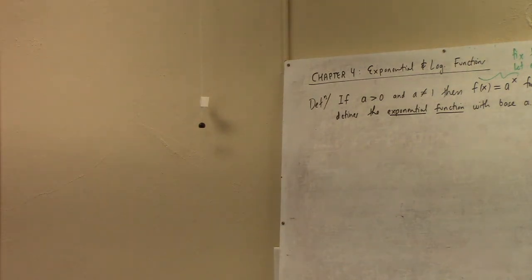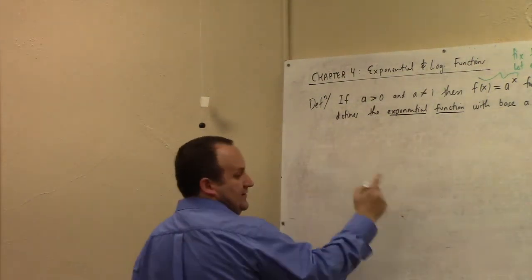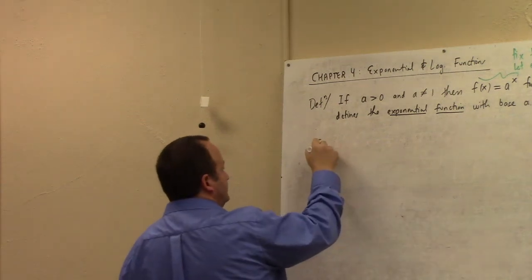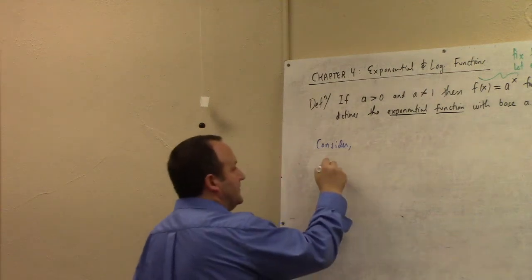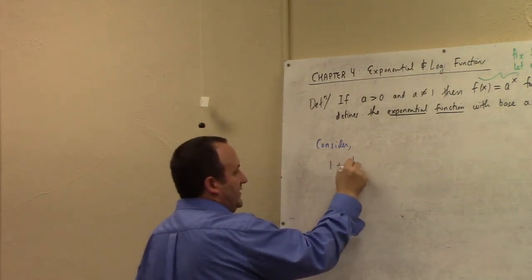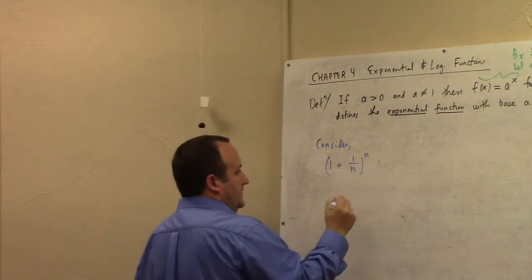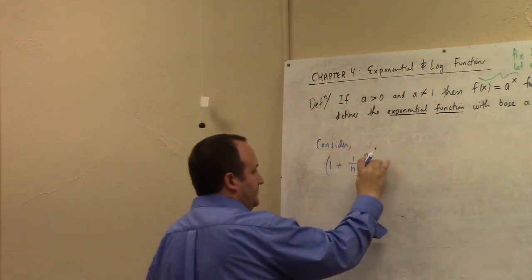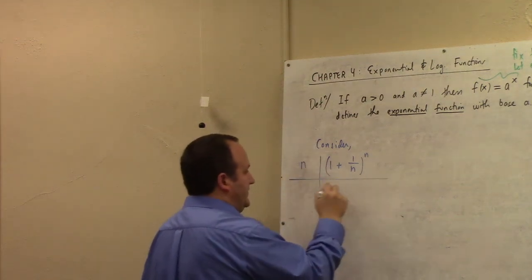Okay, so let's try out the formula your book gives. So 1 plus 1 over n, to the n, all right? And I'll put n over here. So how about 2?